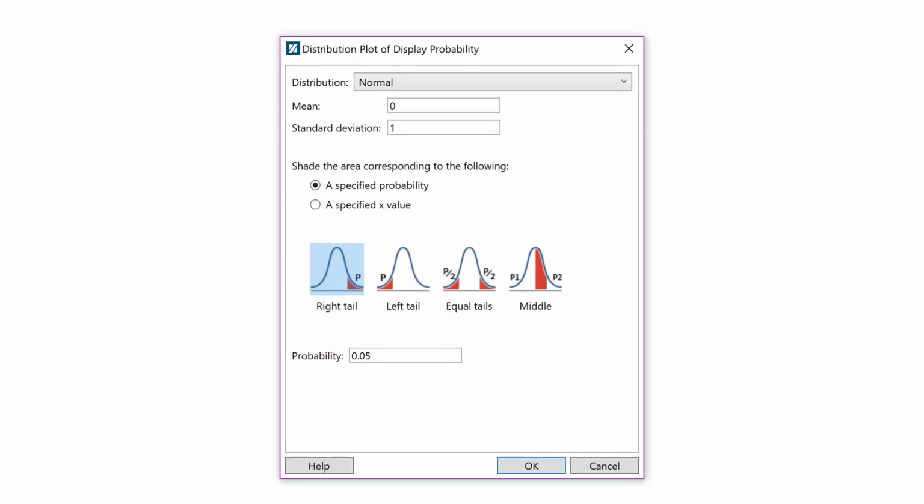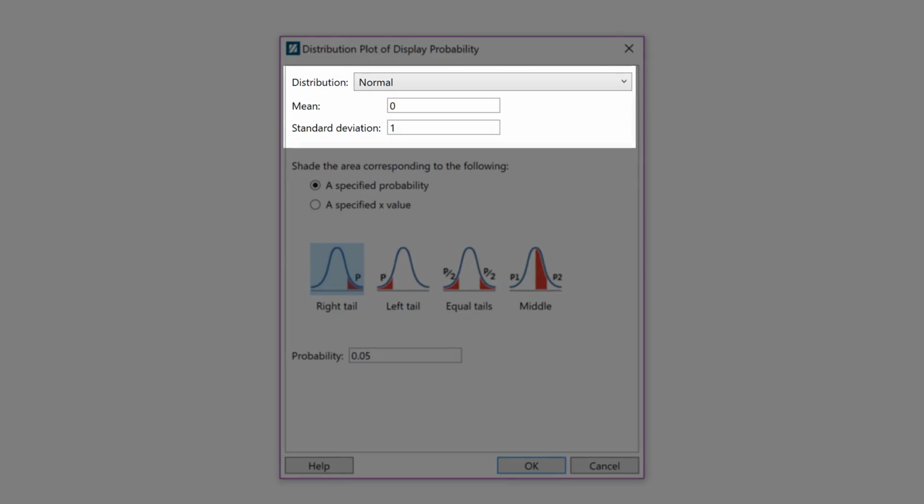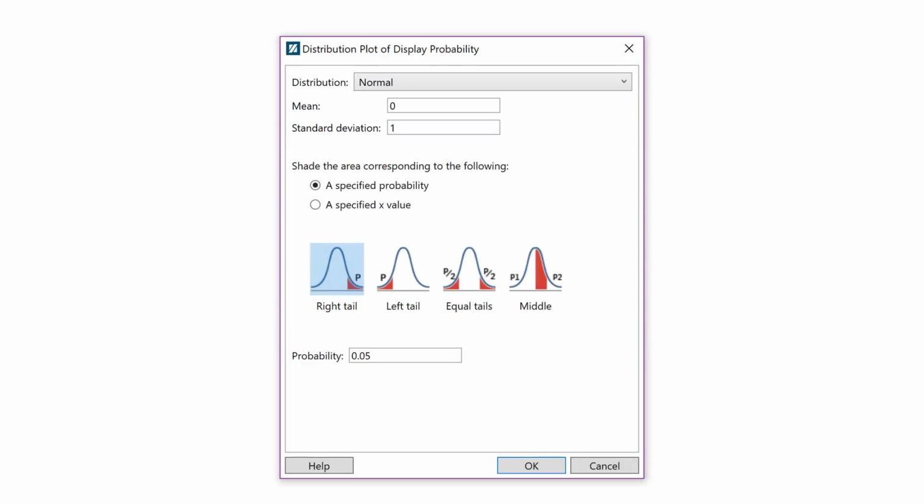The default is a z distribution. That's a normal distribution, mean of 0, standard deviation of 1. Our test statistic is a specified x value. This was a right-tailed test with a test statistic of 1.155.